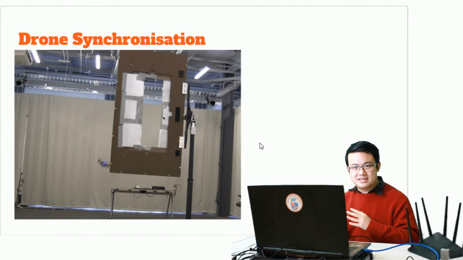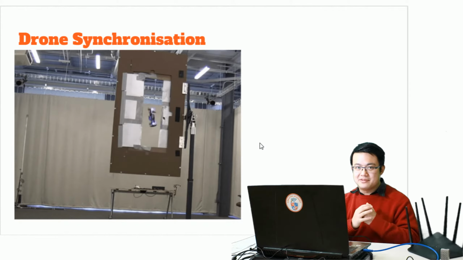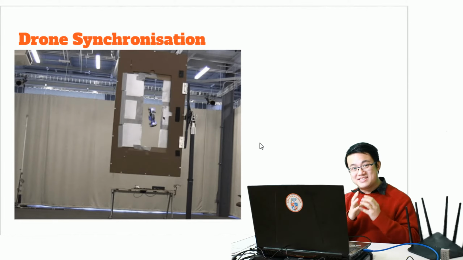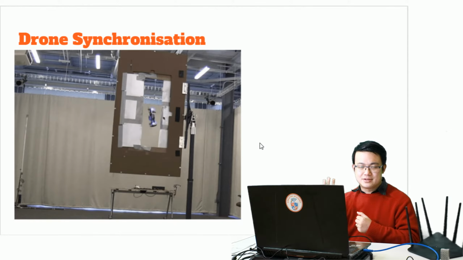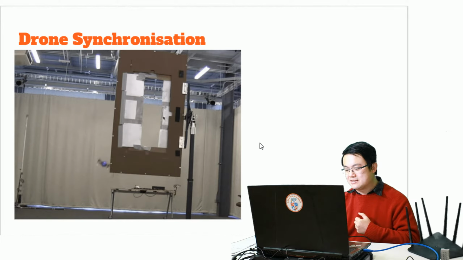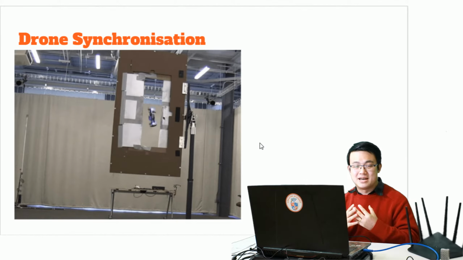This external conductor is really important to keep a formation of drones in check, because otherwise the drones themselves don't have enough sensors on board to recognize all of their surroundings. They might have some, but they don't have everything. So these external sensors and external conductors are really important for synchronizing the drones and making sure that the drone is working in the right way.